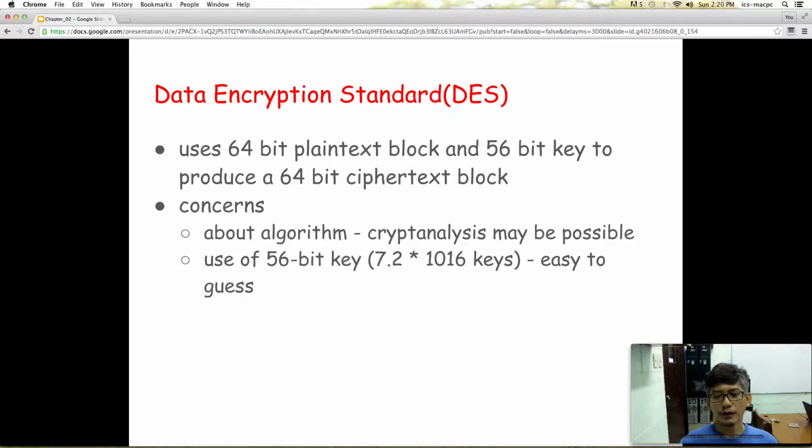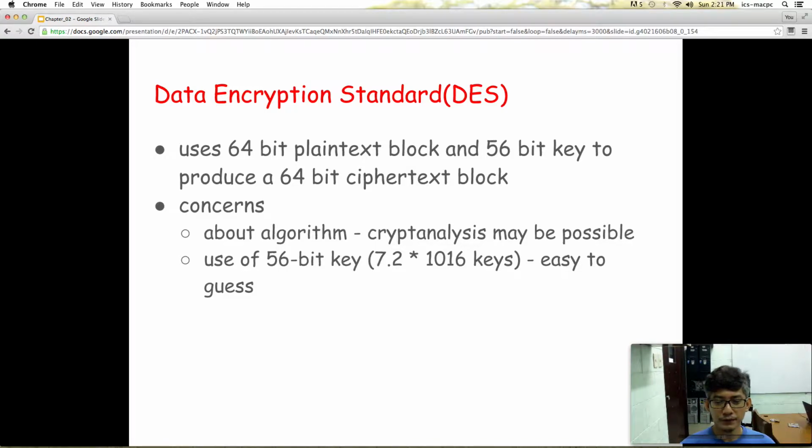Now let's start with the Data Encryption Standard, or DES. DES uses a 64-bit plain text block and a 56-bit key to produce a 64-bit ciphertext block. The main concern about this algorithm, which we'll discuss in detail in chapter 20, is that the algorithm is susceptible to cryptanalysis.